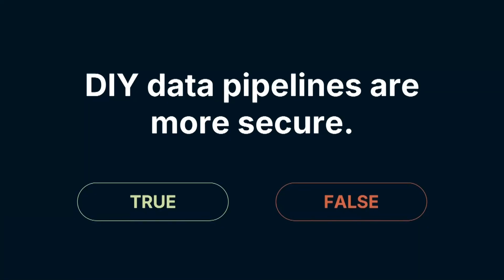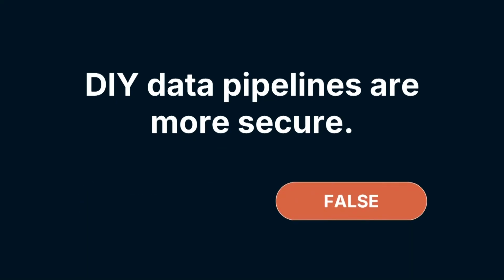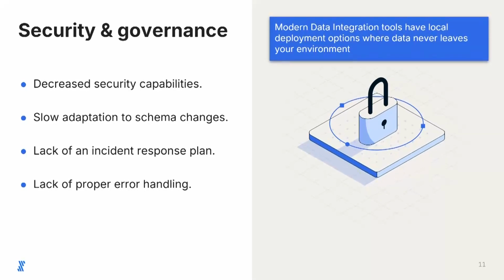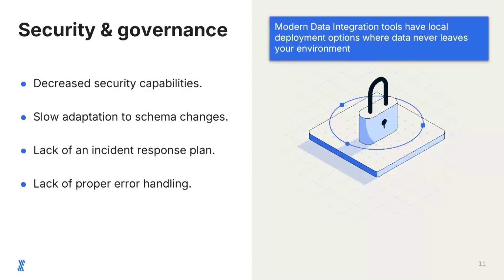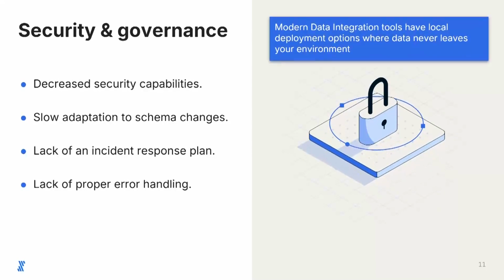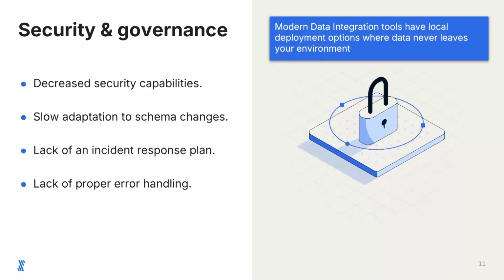So this information here, I think, is from Waystar. I think it was the consulting company we used, just to dive into some facts based on the research. So, are DIY data pipelines more secure? And the answer, I think we all know, is going to be false, just because of some of the things I was mentioning earlier. These things don't always have security built in from the start. Usually it's more of an extract process where the goal is, well, we're running behind a corporate firewall, so everything should be safe from that standpoint.